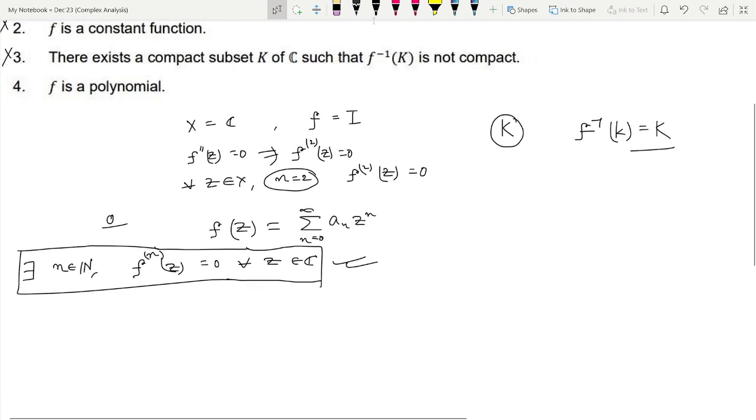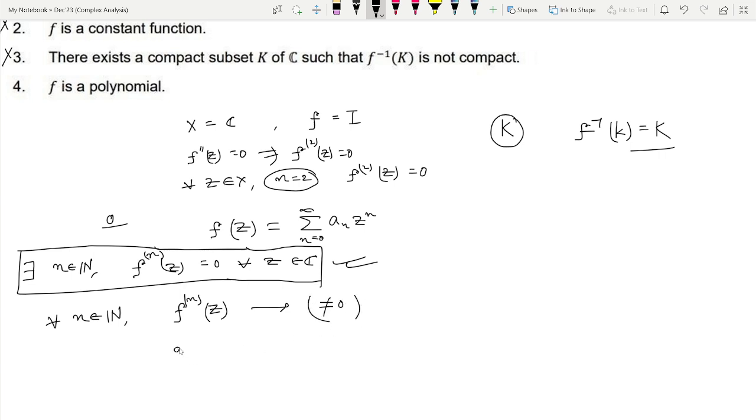For this, if possible, let this not happen. That means there does not exist such n such that f^(n)(z) is identically 0. That means for every n belongs to N, f'(z), f''(z) and so on are all not identically 0. Here simply consider the product of all such f^(n)(z), n equal to 0 to infinity.